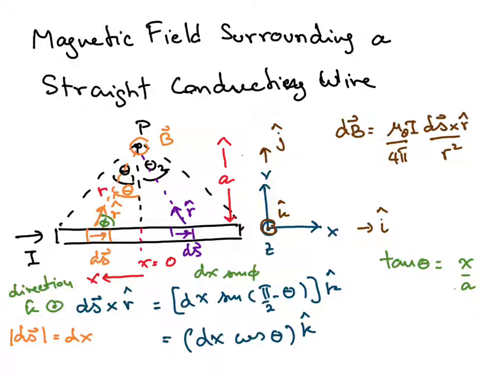In our system for the angle theta, we say that this angle theta is positive when we measure it in the clockwise direction.